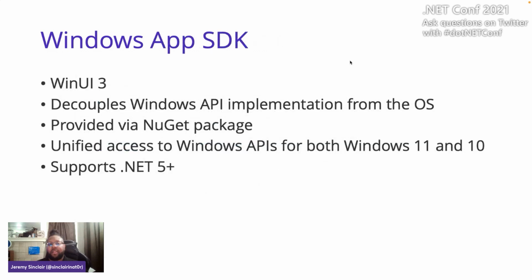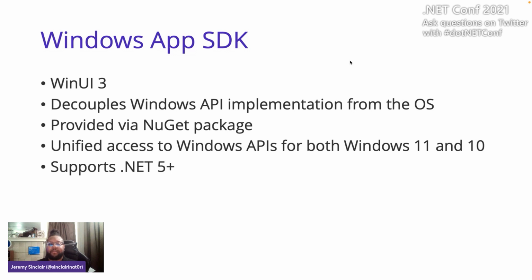What I'm going to talk about is a little about the Windows App SDK. This was something that was previously known as Project Reunion. It's gone through a lot of work.